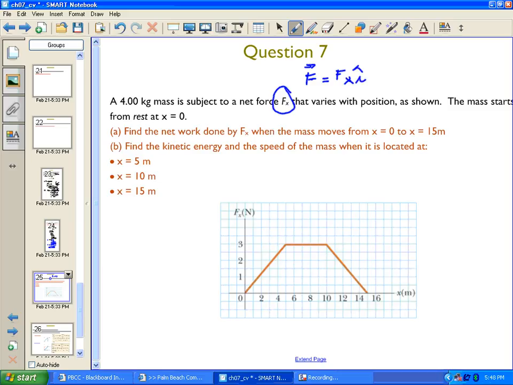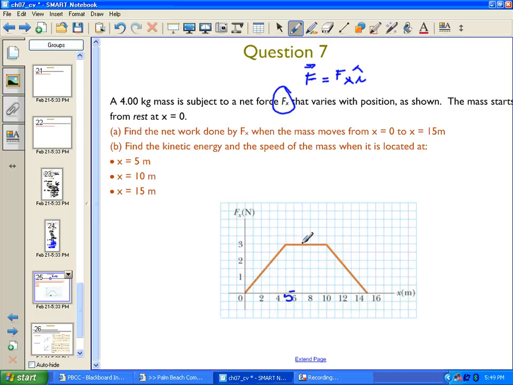But Fx varies as the object moves through position. You can see here Fx grows from 0 to 3 newtons. Then over the range of 5 to 10, let's write 5, we already have our 10 here.